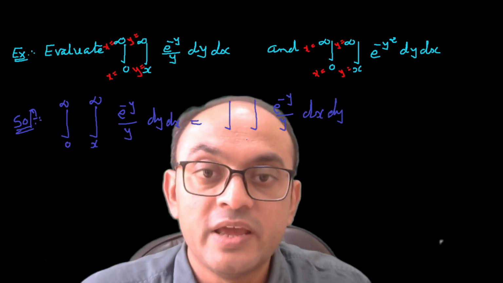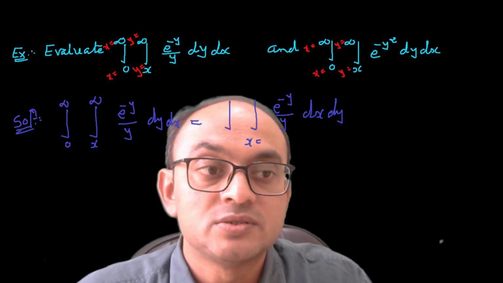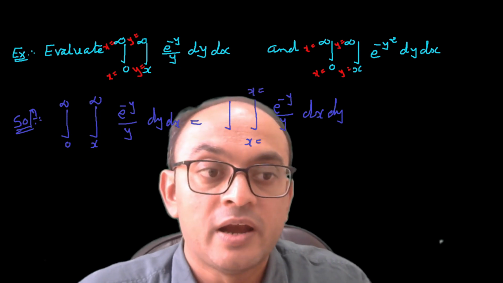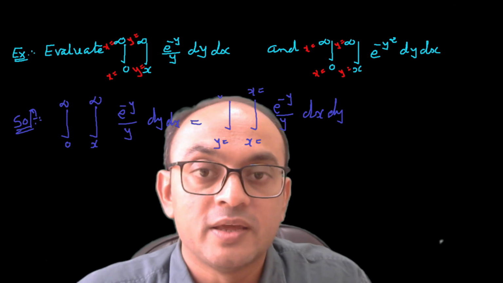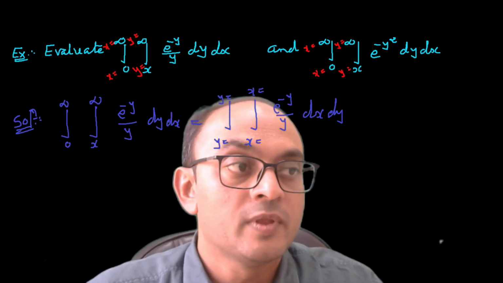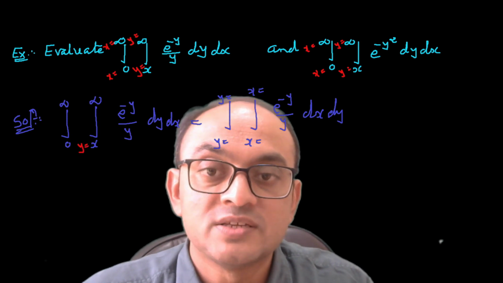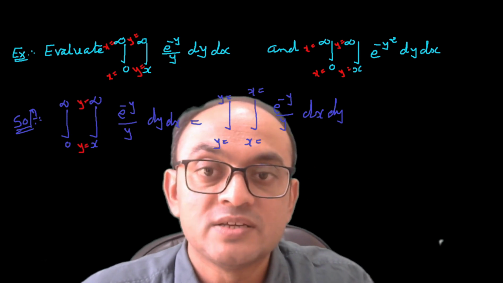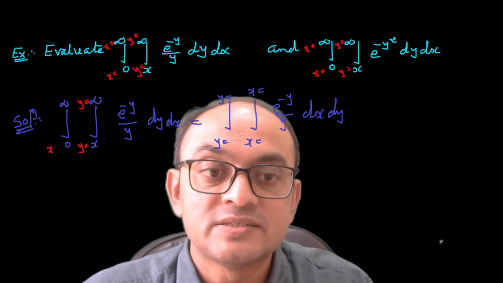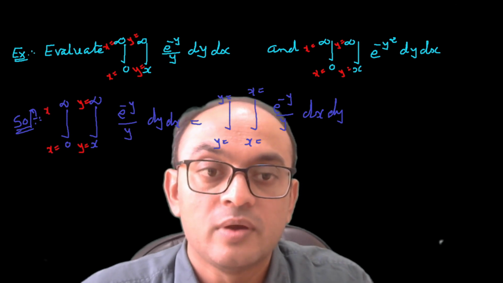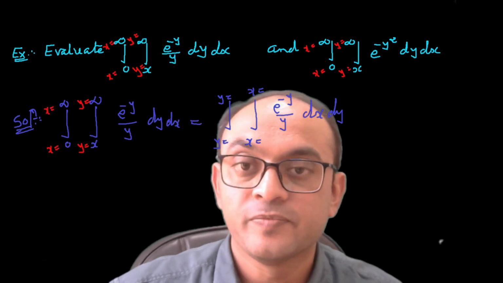So when I want dx dy, my inner limits for x and outer limit for y. And here what we have given? We have given y is equal to x, to y is equal to infinity, and x is equal to 0 to x is equal to infinity, right?